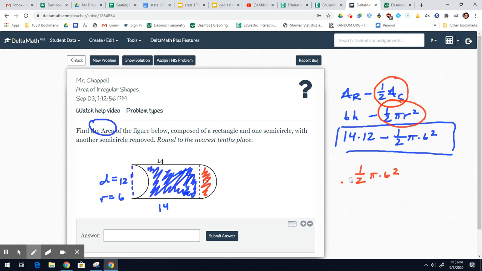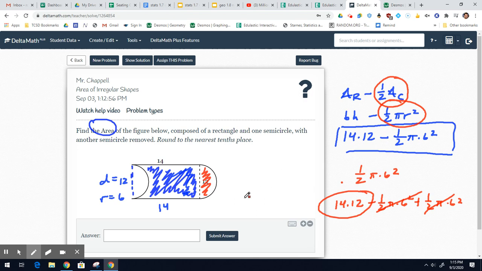What's really going to happen? Watch this. 14 times 12 minus 1/2 pi times 6 squared plus 1/2 pi times 6 squared. These two things will come out to be the same and they're going to cancel. And the answer is simply 14 times 12.